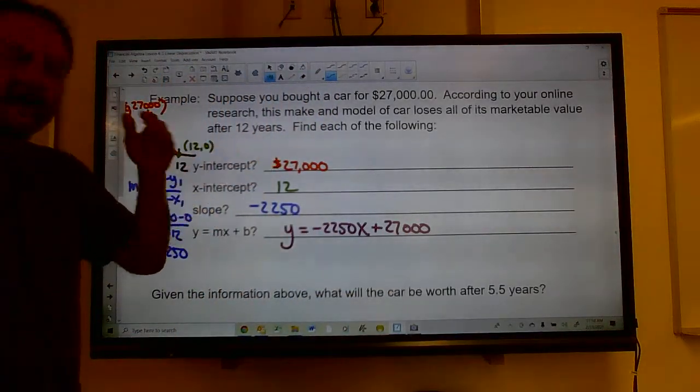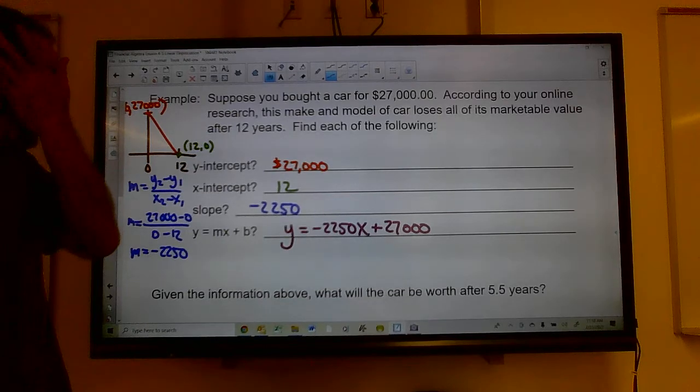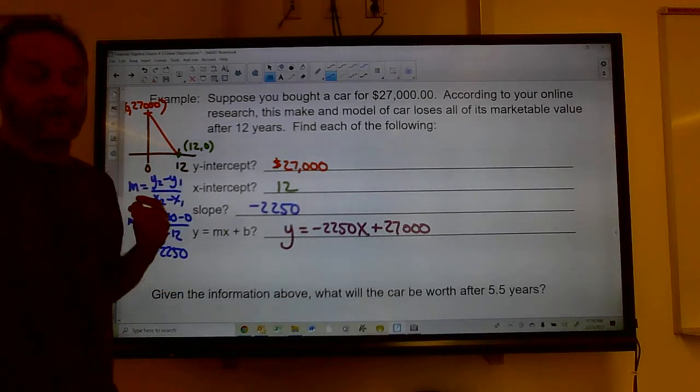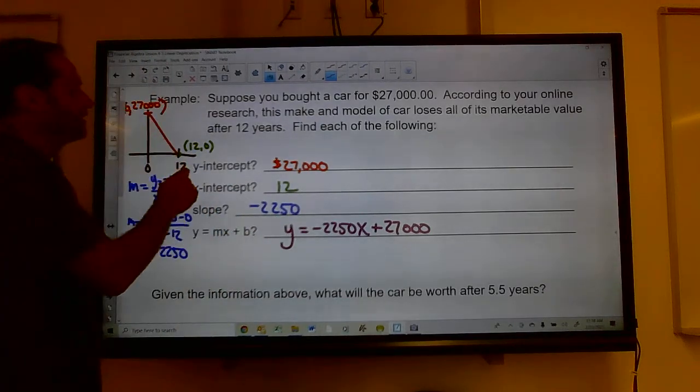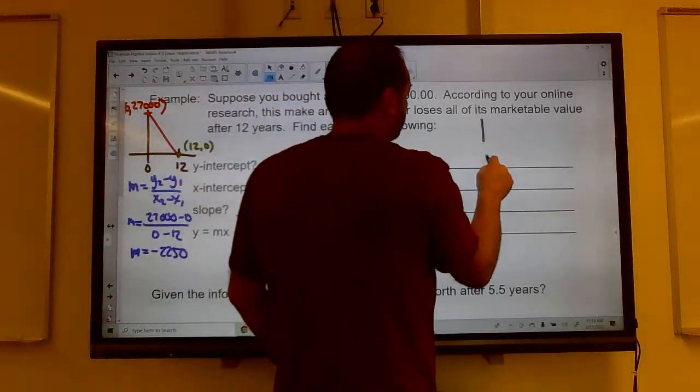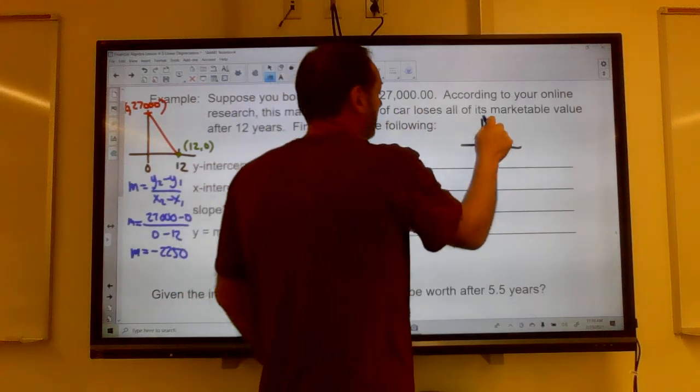Now here's the thing. This is for tax purposes because a car is not going to lose the same amount of money every year. It doesn't actually depreciate like this. It actually is going to depreciate like this.